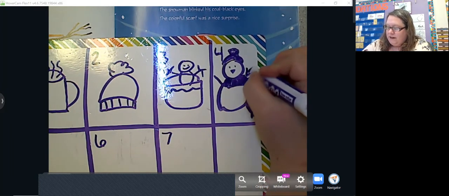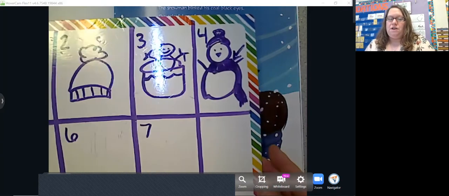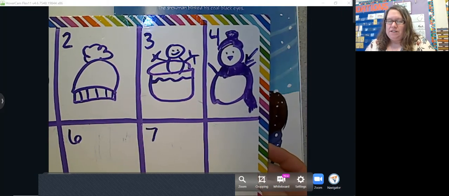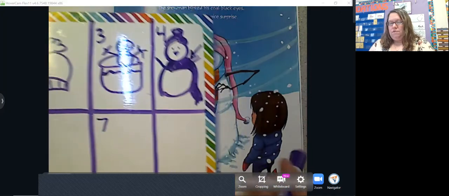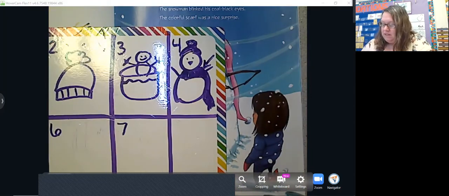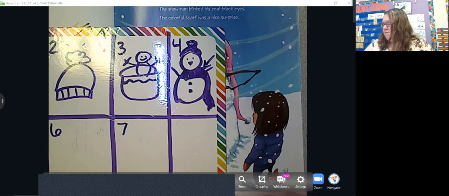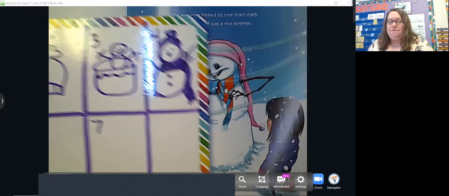And I'm going to draw a little arrow to my scarf so I know it's where he got his scarf. So if you want to just draw a scarf, you can just draw a scarf. Or if you want to draw Sneezy the snowman wearing his scarf, you can draw him wearing his scarf. Put some buttons on him. He needs some buttons. There we go. That looks better. All right, good job, friends. Go ahead and finish drawing your Sneezy snowman or your scarf.